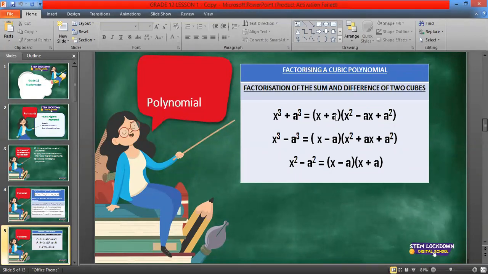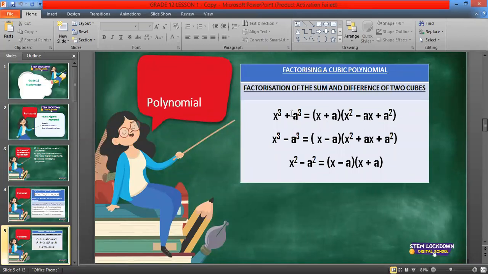Then multiply it by -1, or basically change the sign. If it was negative, it becomes positive, or positive becomes negative. So multiply by -1, and that will be negative xa. So negative xa will be the middle term.